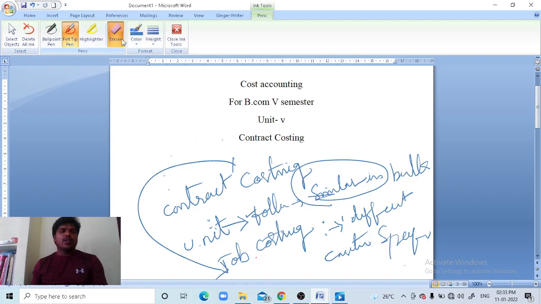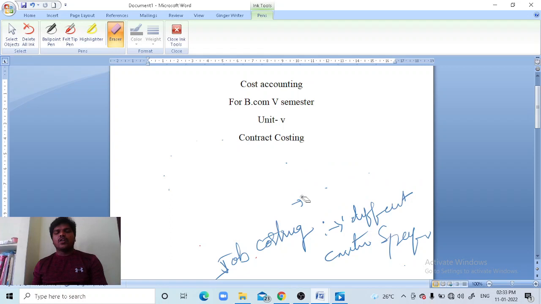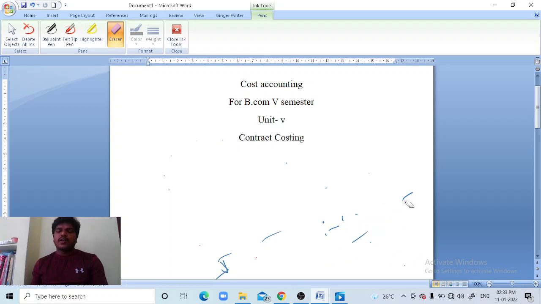Then coming to contract costing, we know the construction of buildings, river dams, bridges, roads, etc. These are the works we generally see.